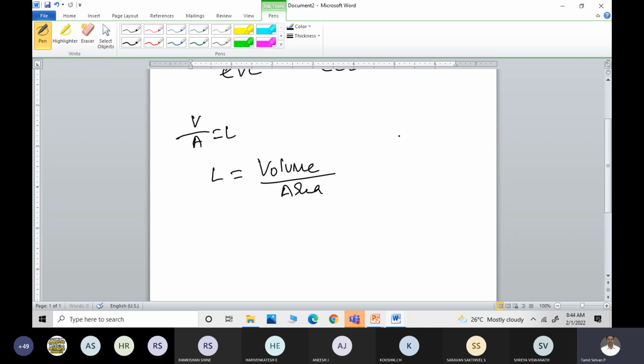Now, when I have a plate like this, the heat is transferred from this side as well as the other side. Am I correct or not?